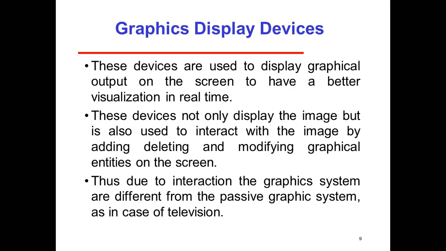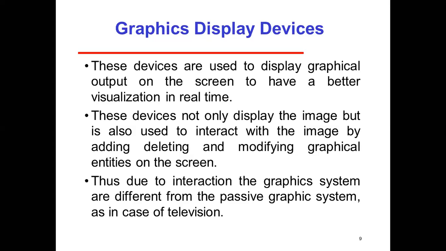These devices not only display the image but are also used to interact with the image by adding, deleting and modifying. We can do any operation, whether addition, deletion, modification or updating, on the screen, with the help of the various graphical entities provided on the computer screen.